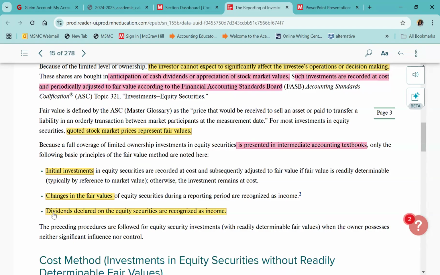And if the stocks go down in value, there is a loss. It's called unrealized holding loss, and I will credit to reduce the value of the investment. Investment is an asset. You increase it by debiting it, you decrease it by crediting it. Okay, and dividends, when declared, you are going to recognize them as income, as a revenue.